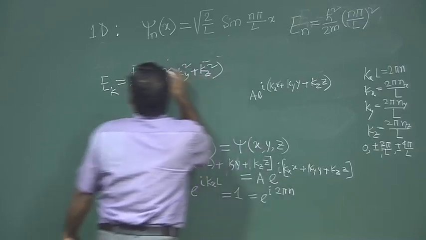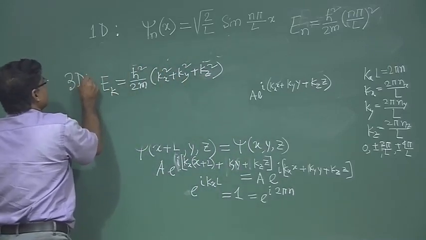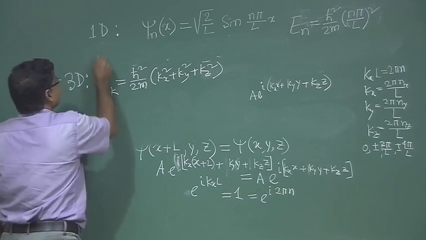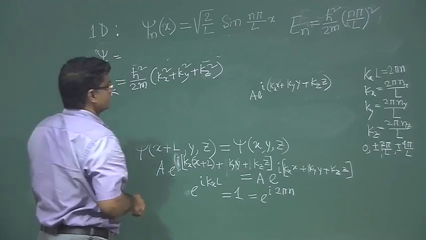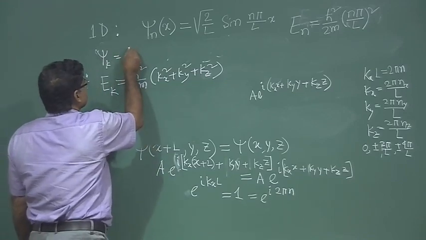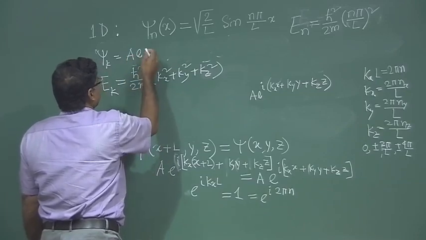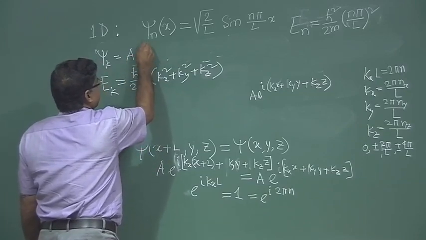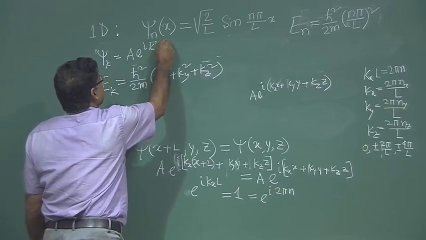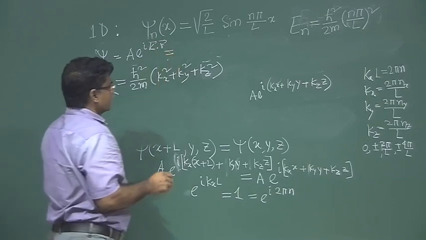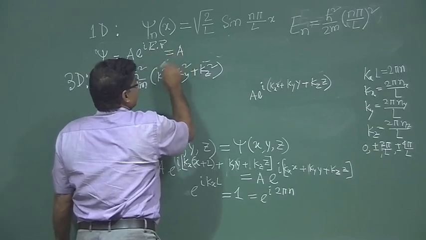Psi k, so for 3 dimensions, psi k equals A e to the power i k dot r, that you can write.